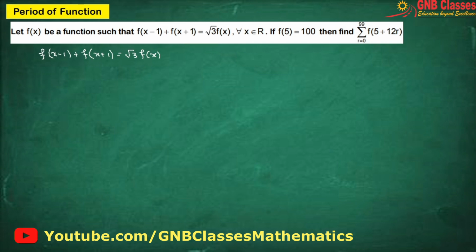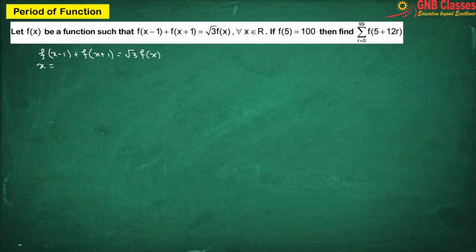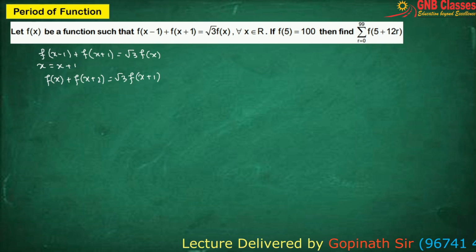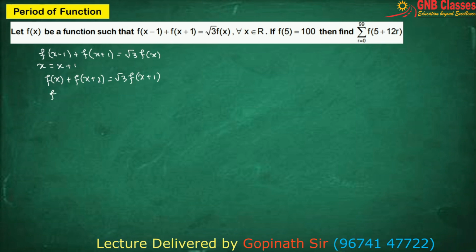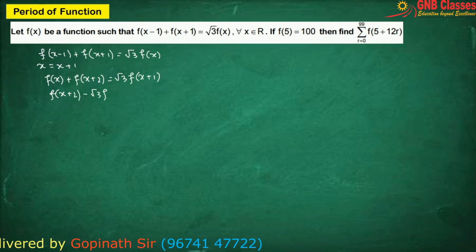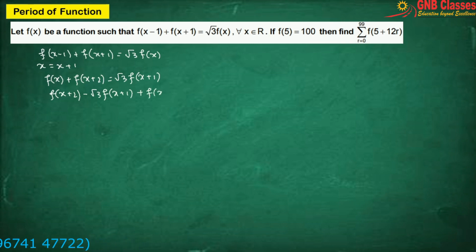Here I am replacing x by x plus 1. So we are getting f of x plus f of x plus 2 equals root 3 f of x plus 1, correct? Taking everything to the left hand side, we get f of x plus 2 minus root 3 f of x plus 1 plus f of x equals 0.